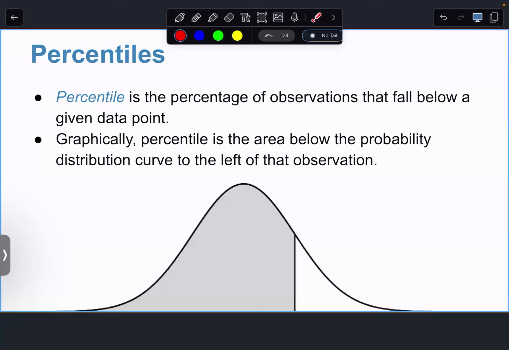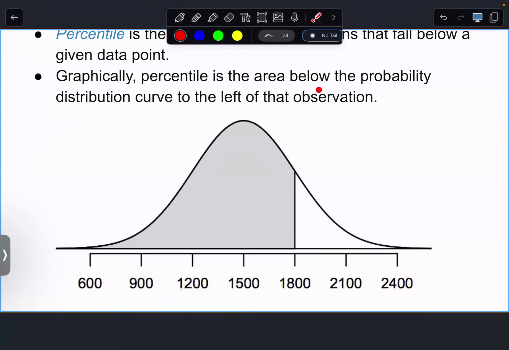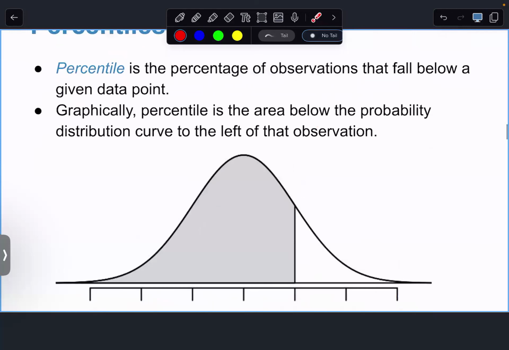Percentiles, we've seen percentiles before, right? 5-number summary, we had to find Q1, Q3, the median, right? Those are percentiles, but a percentile in general is the percentage of observations that fall below a given data point. Okay. So here, if we have a percentile, right, then a percentile is the percentage or probability, right, or proportion.